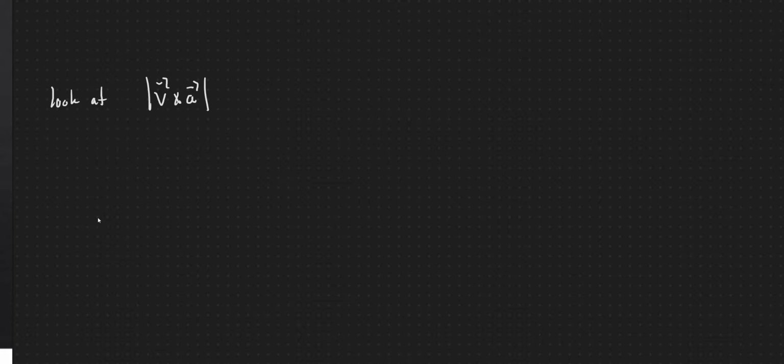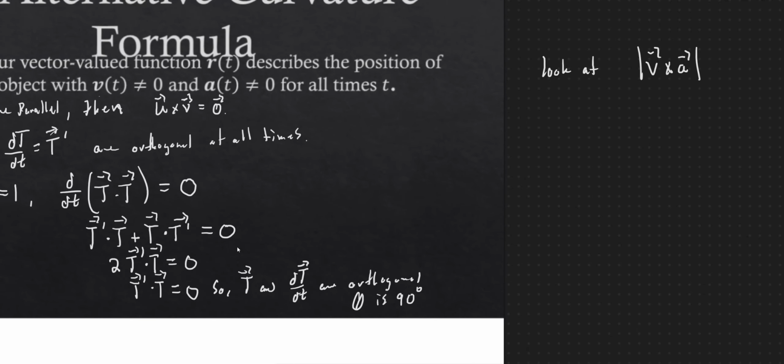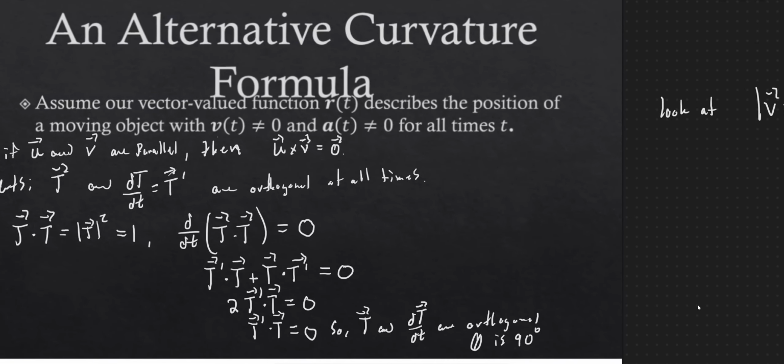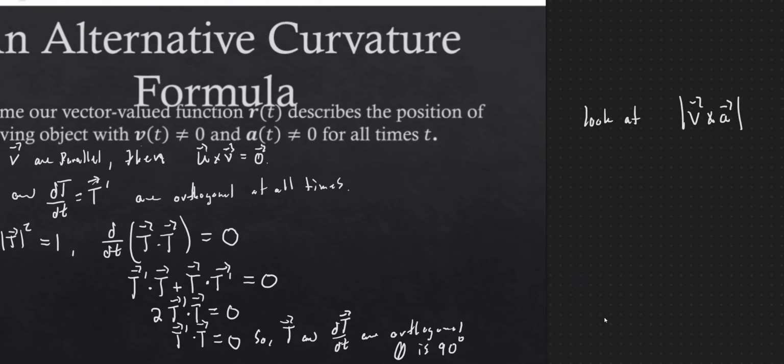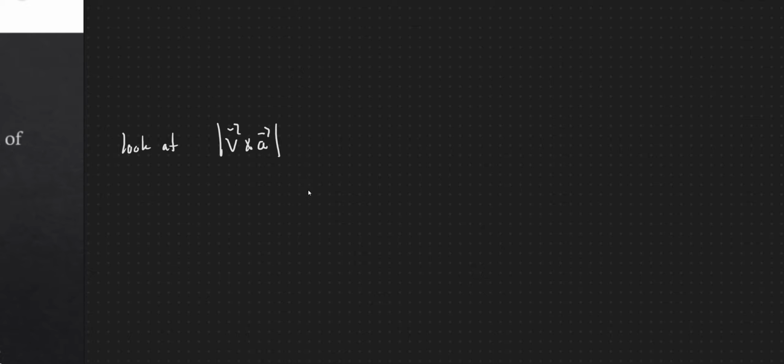And actually, before I do this, I am going to write my acceleration vector in a funny sort of way that's going to make this work out really nice. So another preliminary thing here is I first want to express velocity in terms of my unit tangent vector.